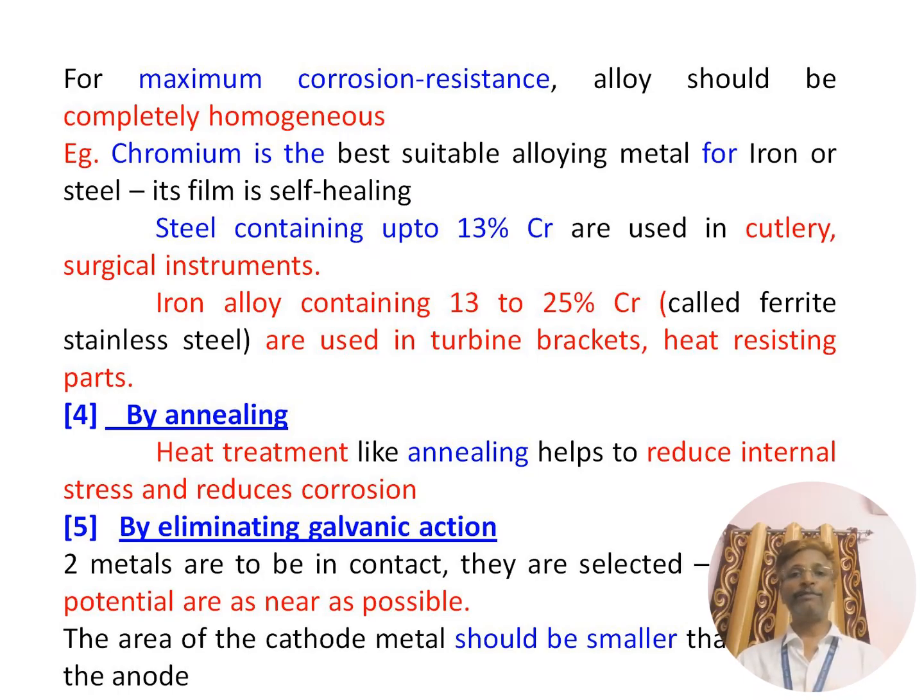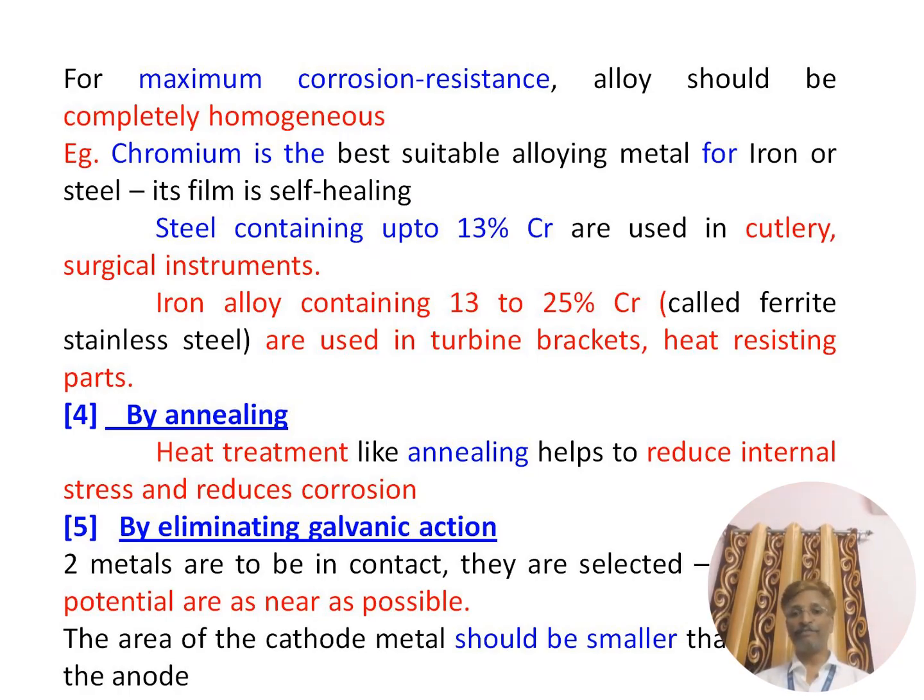The best example: chromium is the best suitable alloying material for iron or stainless steel. 13% of chromium is used in cutlery and surgical instruments.